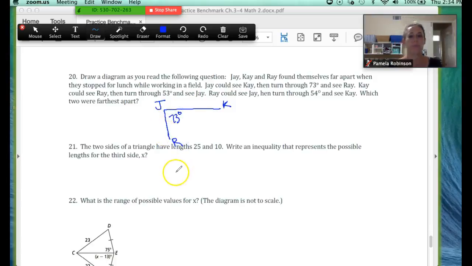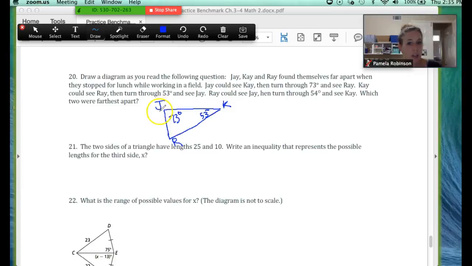He's over here. Okay. Kay could see Ray. So Kay's here. She's looking this way. She can see Ray. But then she had to turn through 53 degrees to see J. Now we can figure out this angle based on the triangle sum theorem, but they give it to us.